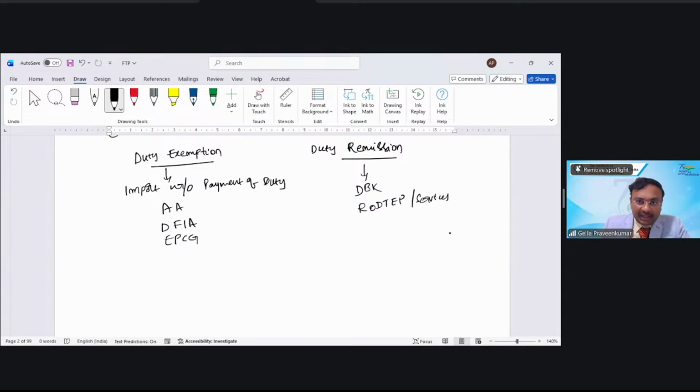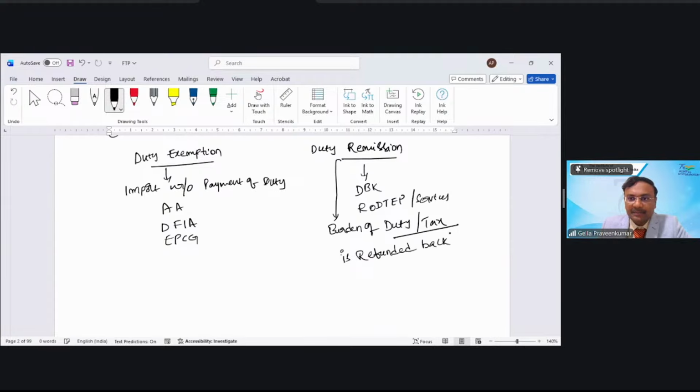Now, under duty remission, the burden of duty or tax is refunded back when goods are exported.